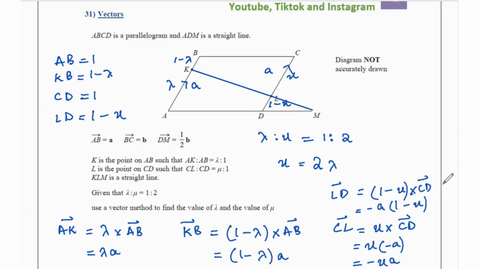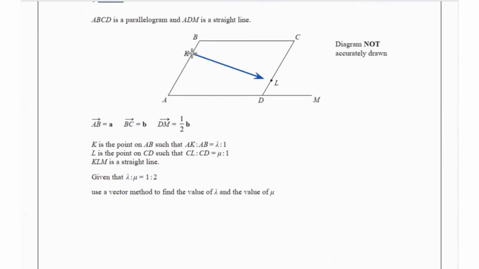So if KLM is a straight line, we can say that KL is equal to some scale factor times KM because KL is a part of KM. KL is KB plus BC plus CL. If we add all of these up, that will give us the vector for KL.